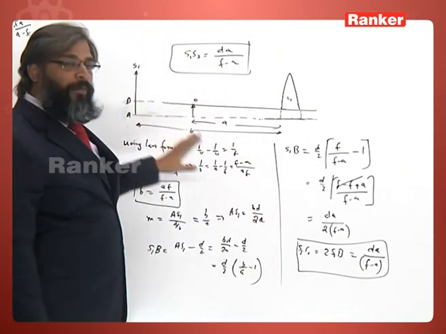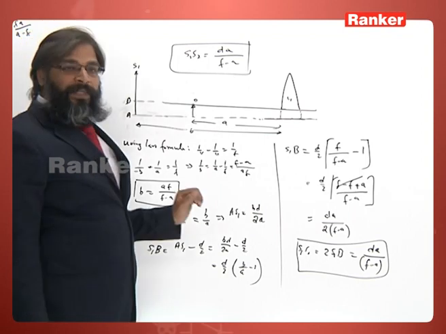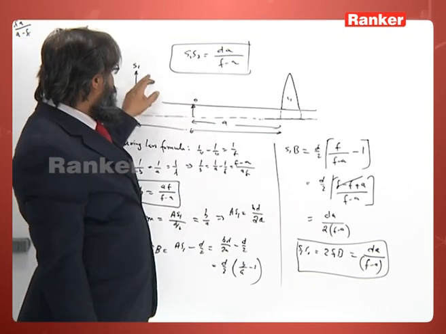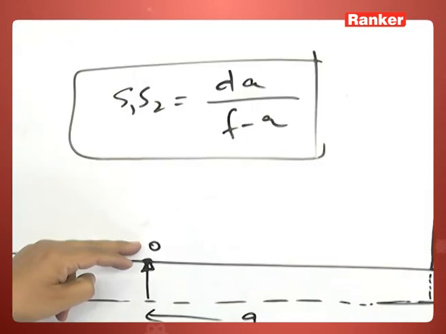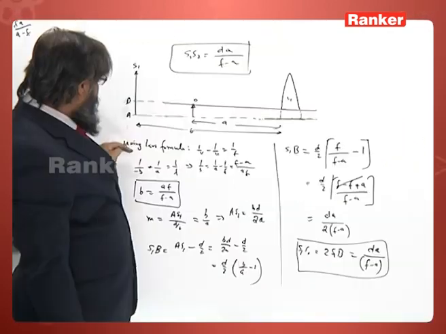This is the most important point which we have to calculate from geometrical optics, the location of the image. Edge S1 because of O due to upper half, because of lower half there will be an image S2.